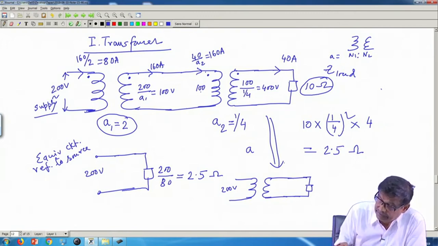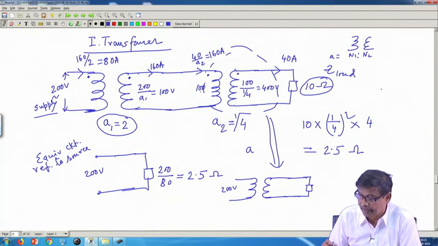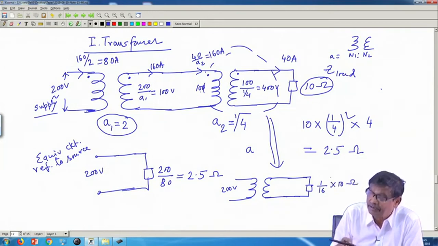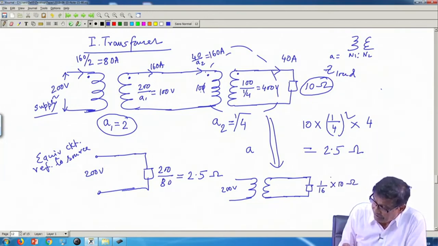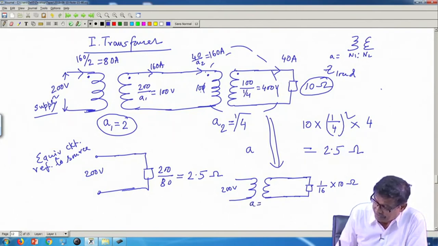Here this transformer, I will replace. So, this impedance will appear to be a square into 10, A is 1/4. So, it will be 1 by 16 into 10, so much ohm, if any mistake point out. So, I can do it like that also, and then this 10 by 16 and this transformer turns ratio is 2.